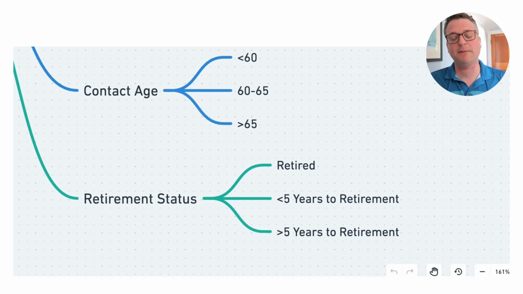But we would say, if you can get a good idea of whether someone is less than 60, between 60 and 65, or over 65, and whether they're retired, nearing retirement, or far off from retirement, you can do a lot with pre-retiree content that better resonates with the audience.